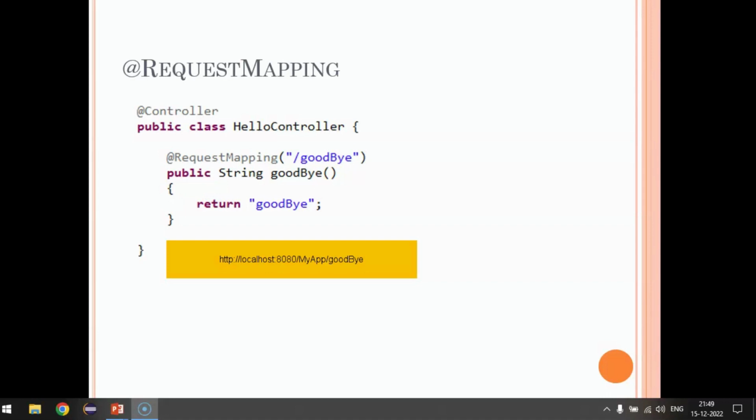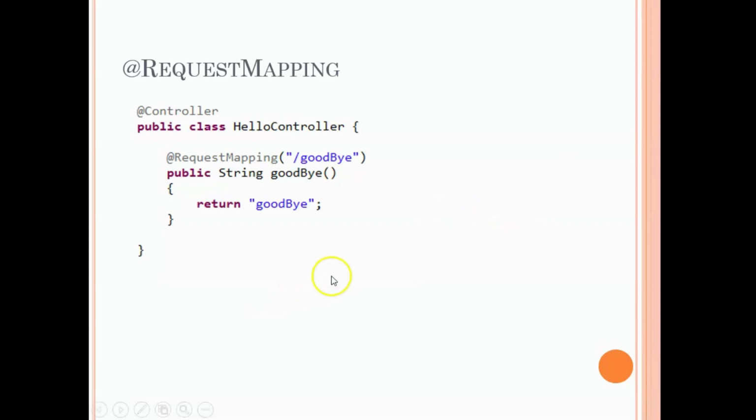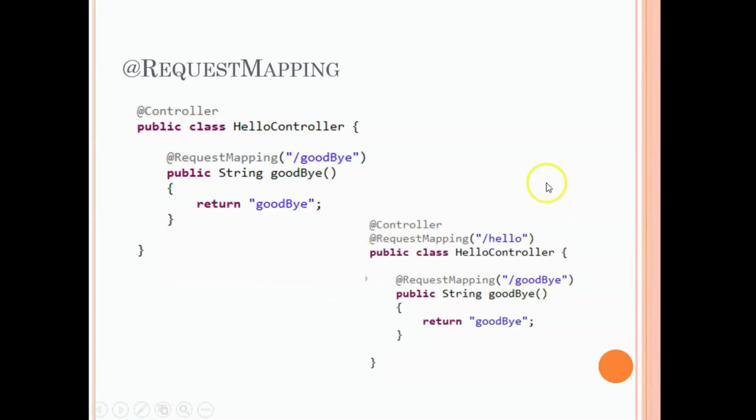And then going further, this is another example wherein I am now using a request mapping on top of the class also. So on top of the class I have a request mapping, as well as a request mapping on top of the method.